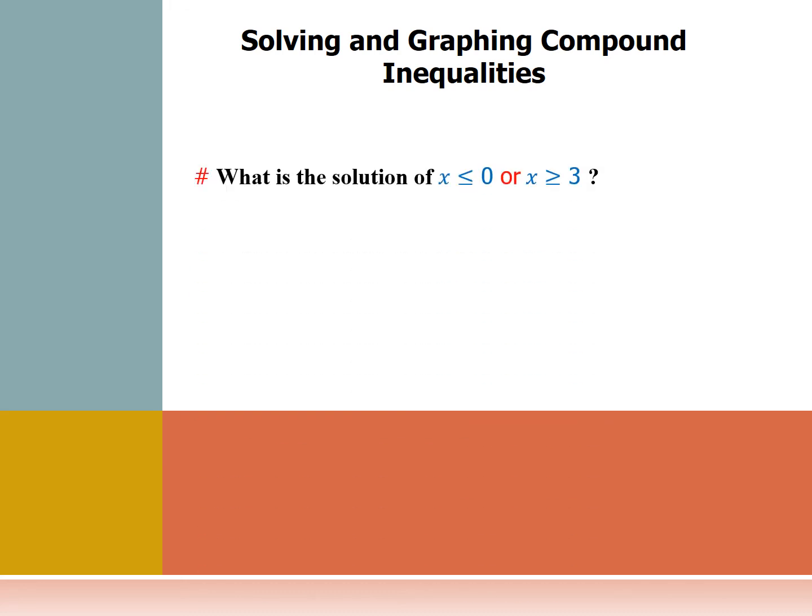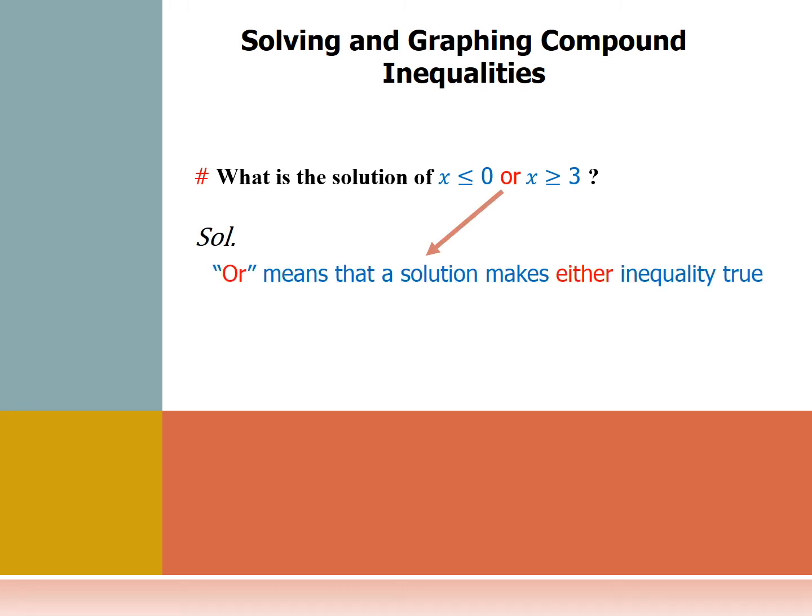When we have the word or between the inequalities, we have this example. What is the solution of x less than or equal to 0, or x greater than or equal to 3? When we have or, it means that a solution makes either inequality true.